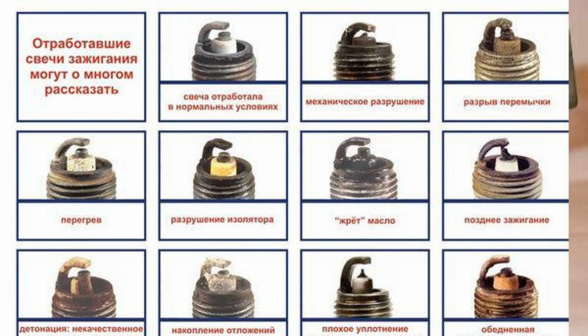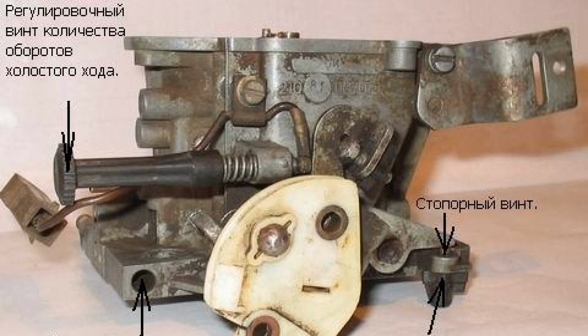A little theory. In order to understand why a car running at idle speed glitches, it is necessary to imagine how the engine functions and what processes occur in it.